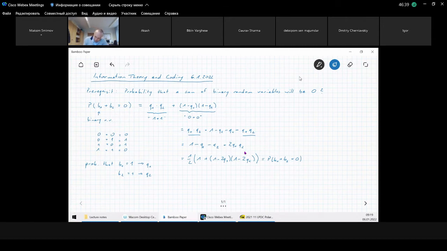And just as shorthand notation for later use, I call this Q.